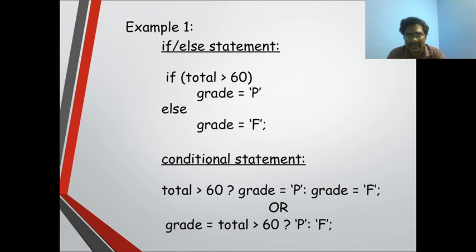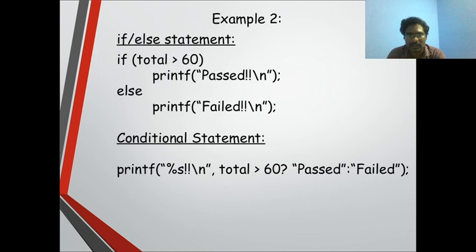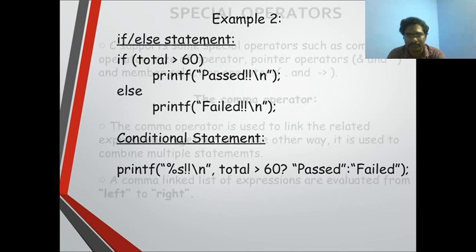If the total is less than 60, it goes to expression 2, grade F. We can also use the conditional operator directly in the printf statement, so that the value of the total decides the condition. If the total is less than 60, it is a fail. If it is greater than 60, the true expression of pass will be displayed.